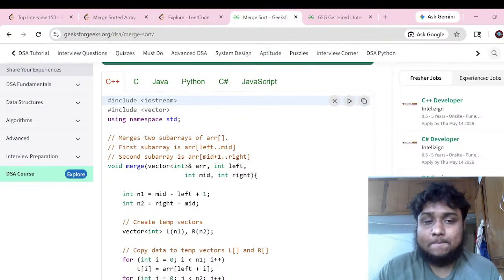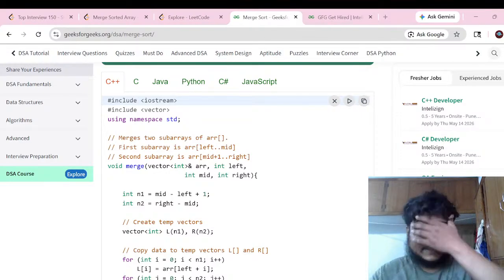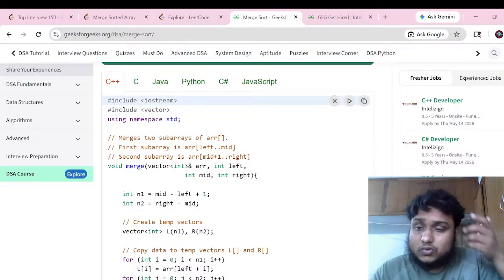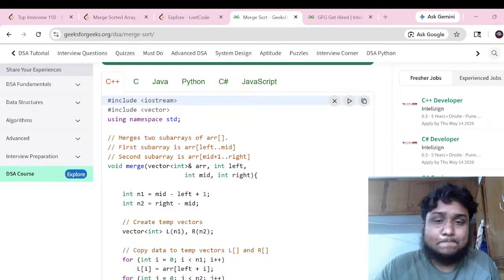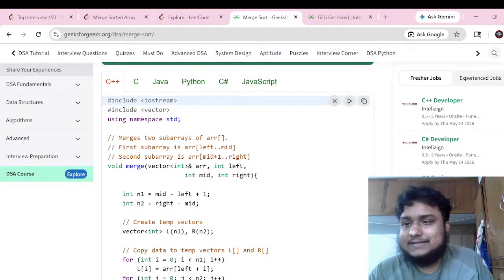So today we are going to learn how to write that code with an example. Let's begin, let's start, follow us now.